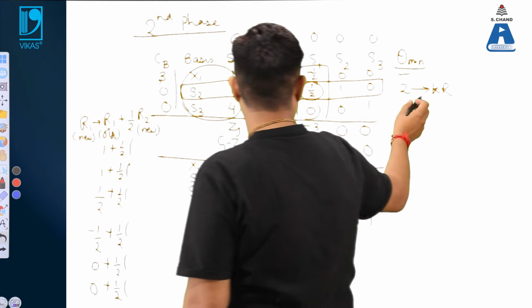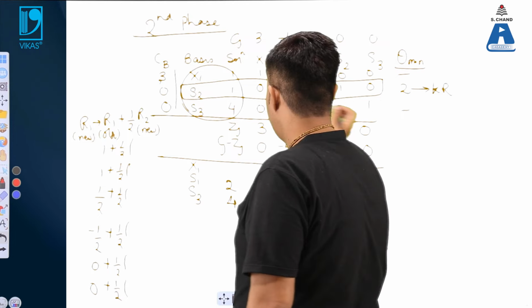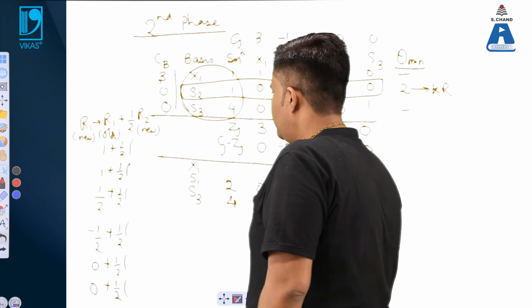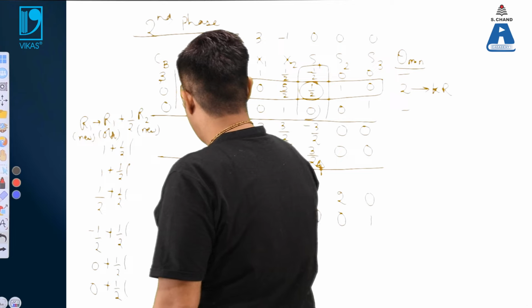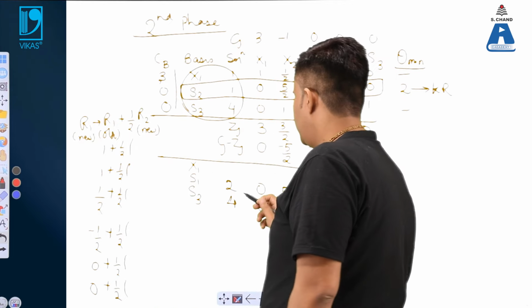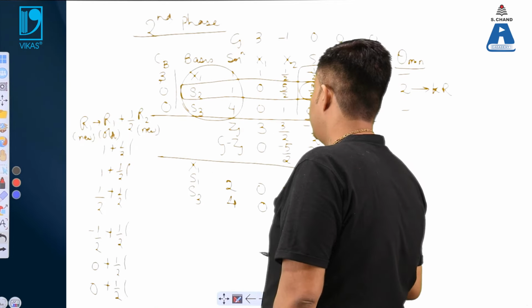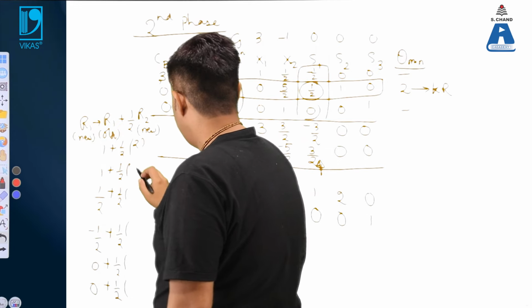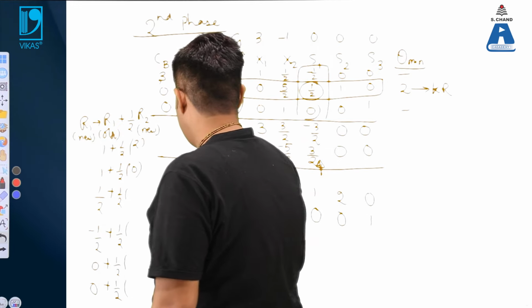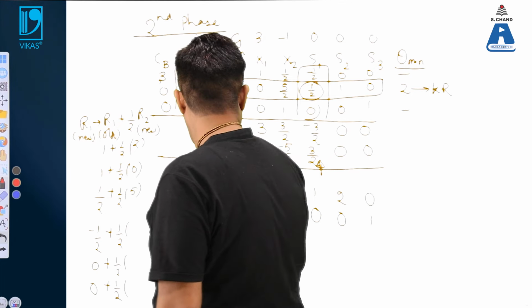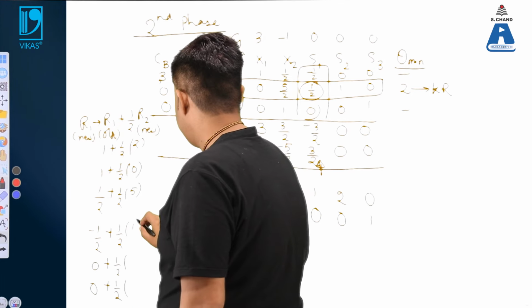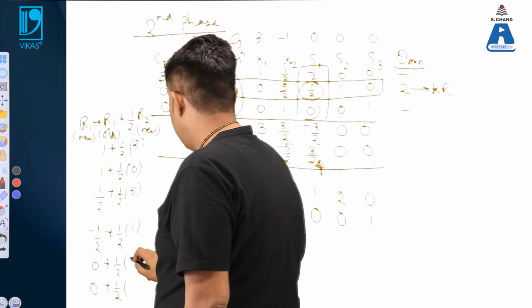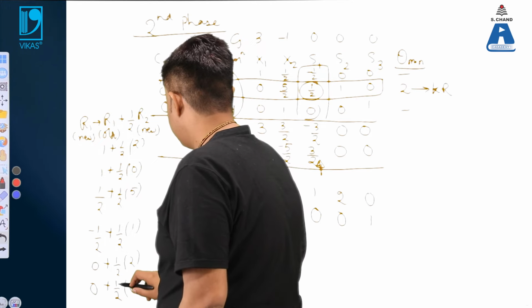The key row here is row number 2, so I have to write all the elements of the key row, which is the R2 value, but with the new elements. So I have to write here 2, then 0, and the next would be 5, then 1, then 2, and then a 0.